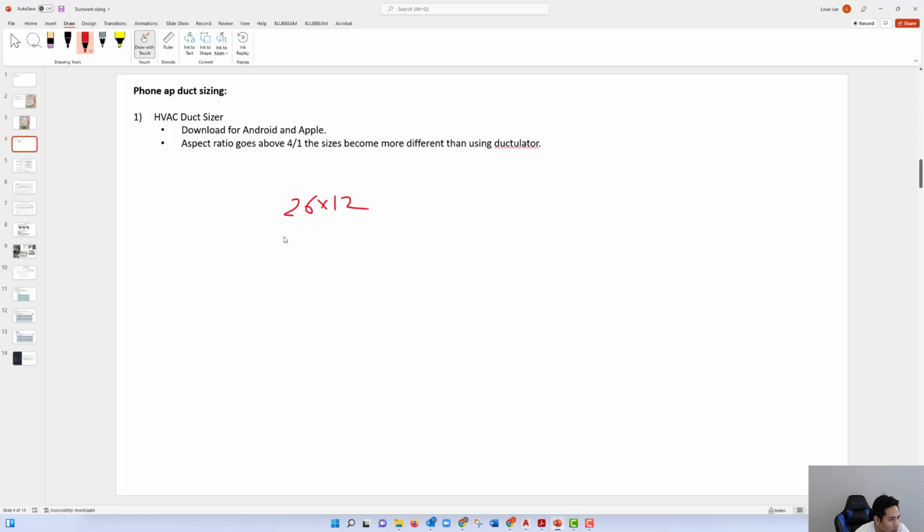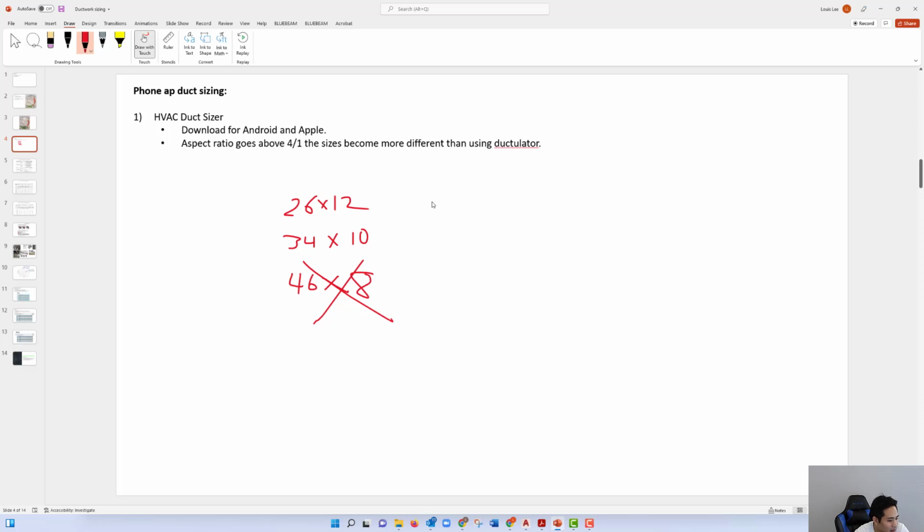The other size was 34 by 10. And the other one was 46 by 8. And this is the one we couldn't use since the aspect ratio was more than 4, which you could tell by dividing 46 by 8. It's more than 4 there.